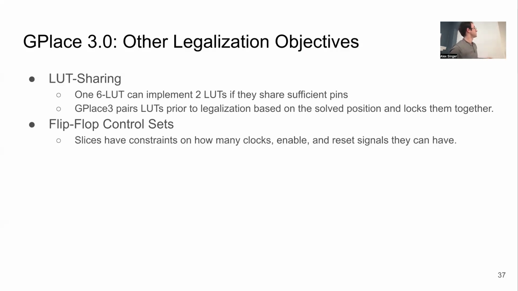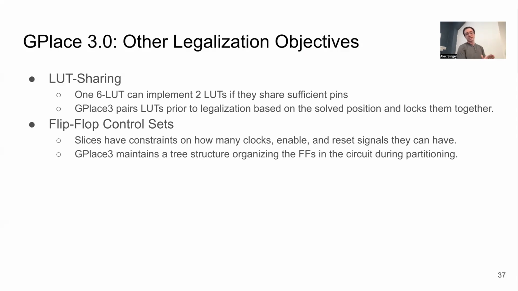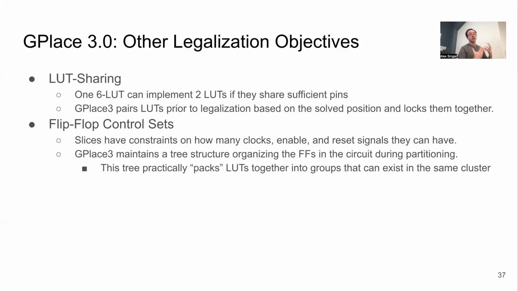Flip-flop control sets. Slices on their architecture have constraints on how many clocks, enables, and reset signals they can have. What GPlace does is it maintains a tree structure organizing the flip-flops in a circuit during partitioning. I'll show what this tree looks like. The tree practically packs the LUTs together into groups that can exist in the same cluster. So for example, my slice can only have 2 clock signals.